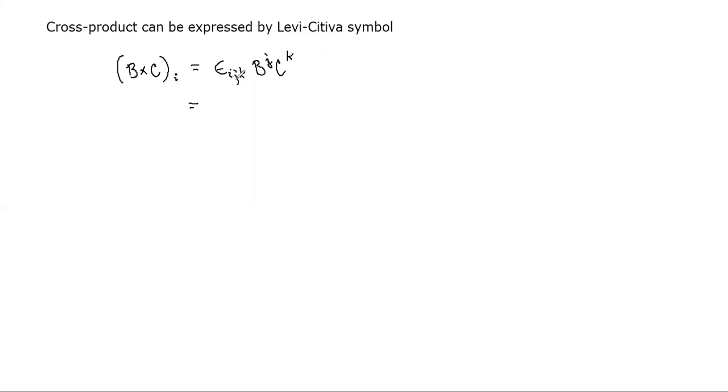The good news is most of them are 0, so I'm not even going to bother. The only ones that aren't 0 are 1, 2, 3, and the even permutations 3, 1, 2 and 2, 3, 1. Then let me flip 2 of those, and I get the odd permutations. Let's do 2, 1, 3, and then just cycle that: 1, 3, 2, and then 3, 2, 1. Okay, so lots of zeros, but then we get a couple of non-zeros.